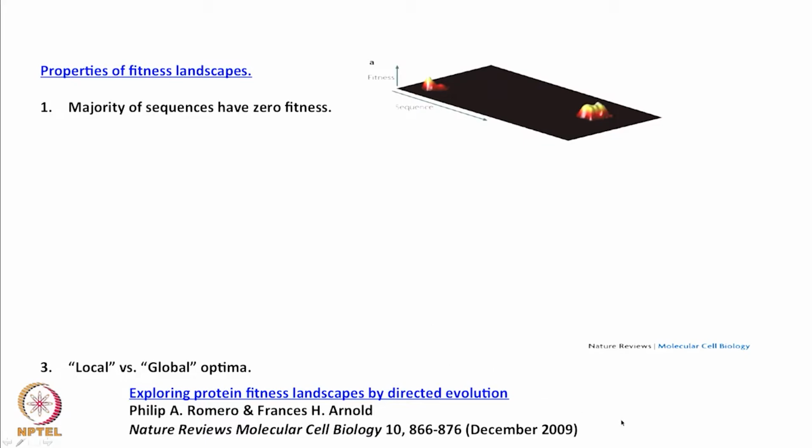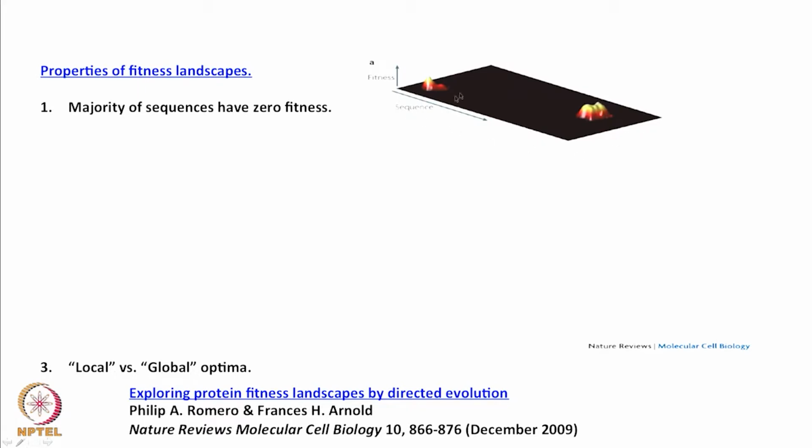The reference is at the bottom of the page, and we want to emphasize three particular characteristics associated with landscapes. The first one is that the majority of sequences have zero fitness. On the figure on the right, again the two-dimensional plane represents all particular sequences.